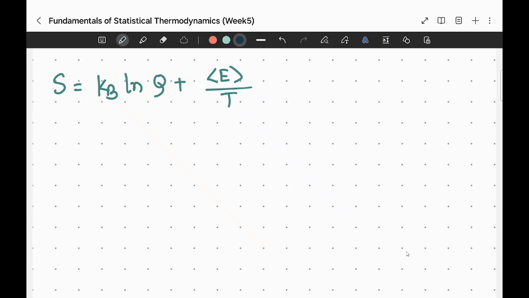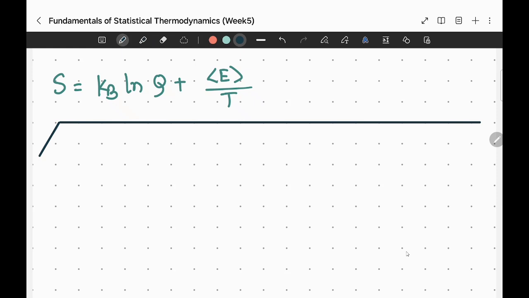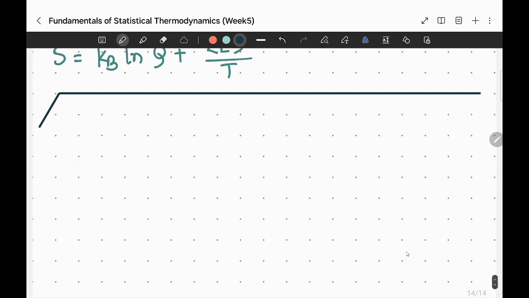Now you know the partition function. This is not related to this question. This is different. Let me use a different box. There are two terms called work and heat.